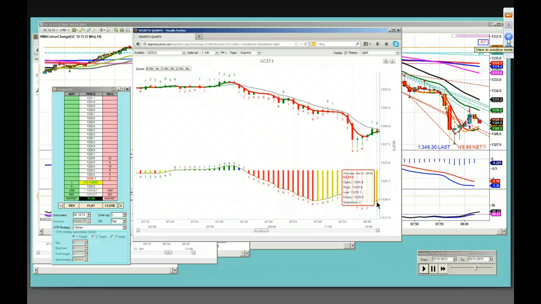Now, it's very important to understand when we're dealing with the counter trend that we're mostly looking for the yellow and the blue bars on the histogram part, this bottom section here. The blue bars represent counter trend short, and the yellow bars represent counter trend long. So it's important that you recognize when your trend is coming to an end.